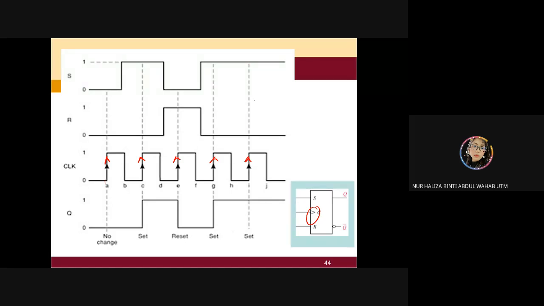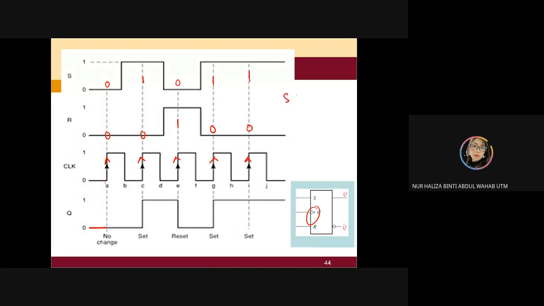It's already created for me. And I put the value. Here is 0, here is 0, here is 1, here is 0, here is 0, here is 1, 1, 0, 1, 0. Now, at the beginning, let's say I'm starting with low.